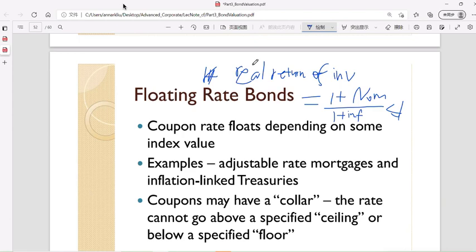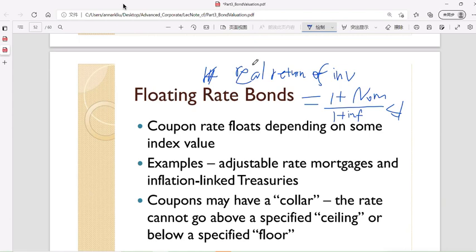So that's why sometimes we would have floating rate bonds. Okay, inflation-linked treasuries. That's one example. Another example would be adjustable rate mortgages, floating rate mortgages. In China, we use LPR, floating rate. Okay, so that's adjustable rate.